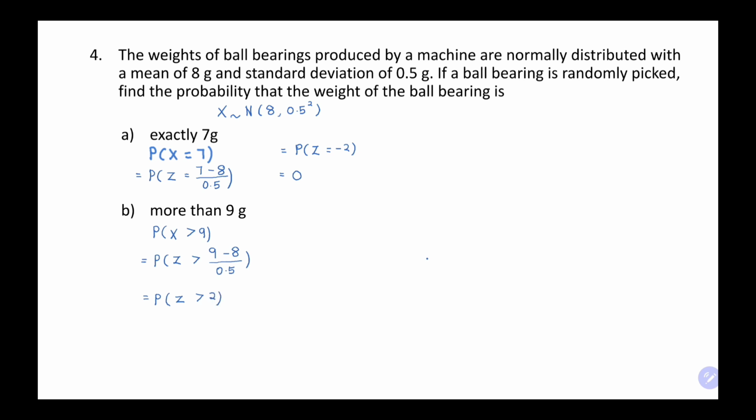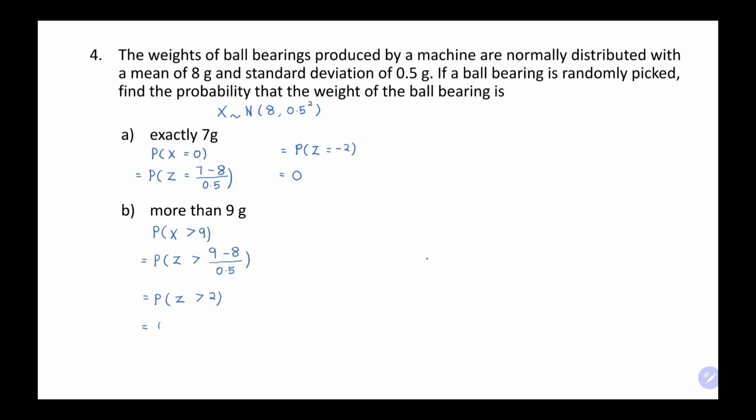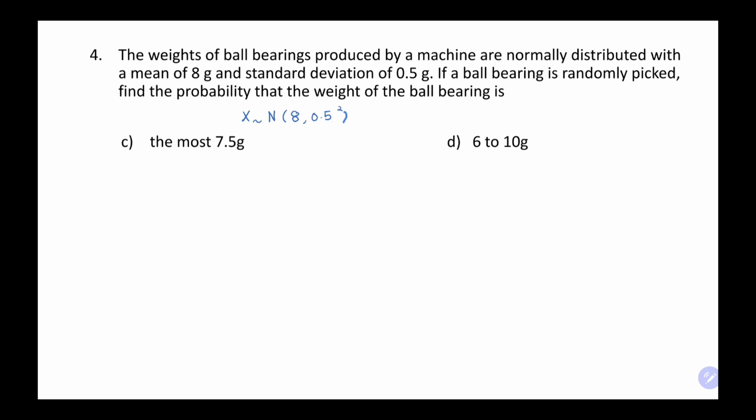Z greater than, we can read from the table, and 2 is also positive, so we can read from the table. We check the table, we find Z 2.0, so here 0.0228. So we put the answer 0.0228.